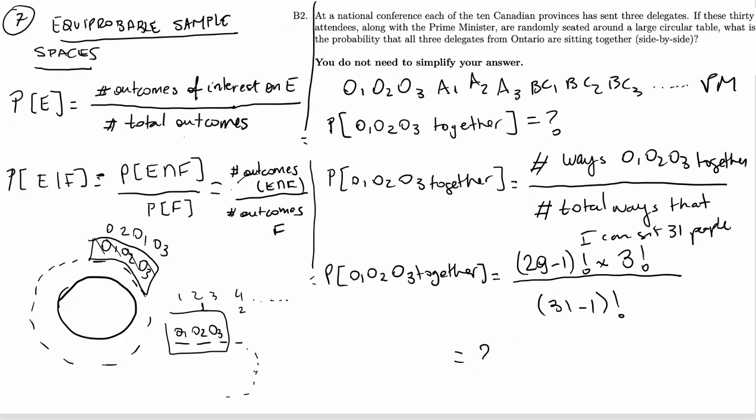So the answer is 28 factorial times 3 factorial over 30 factorial. This is the answer of the exercise. In open questions, you usually don't need to simplify, you just leave it this way, and that's a full mark for that.